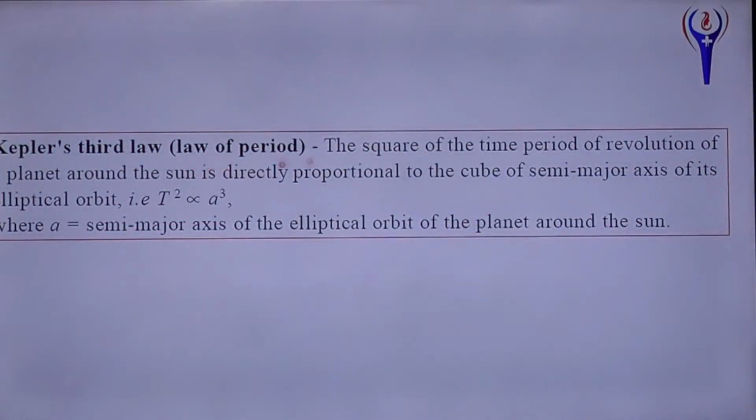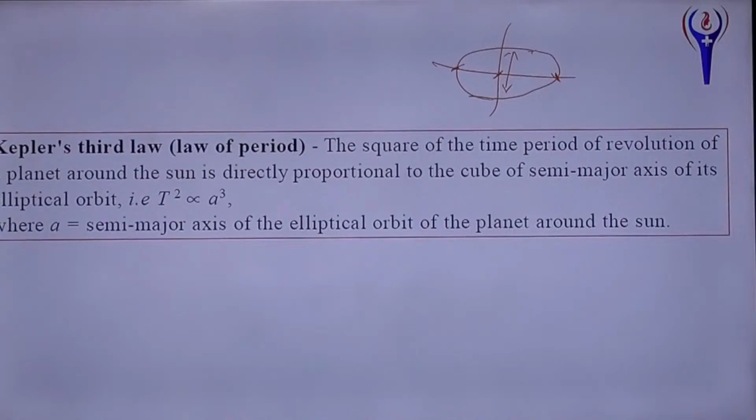Next, the law of periods. The square of the time period of revolution of a planet around the sun is directly proportional to the cube of the semi-major axis of its elliptical orbit. That is, T square is proportional to a cube. Suppose this is the ellipse. This is the major axis, and this half is the semi-major axis, and this height will be the minor axis.